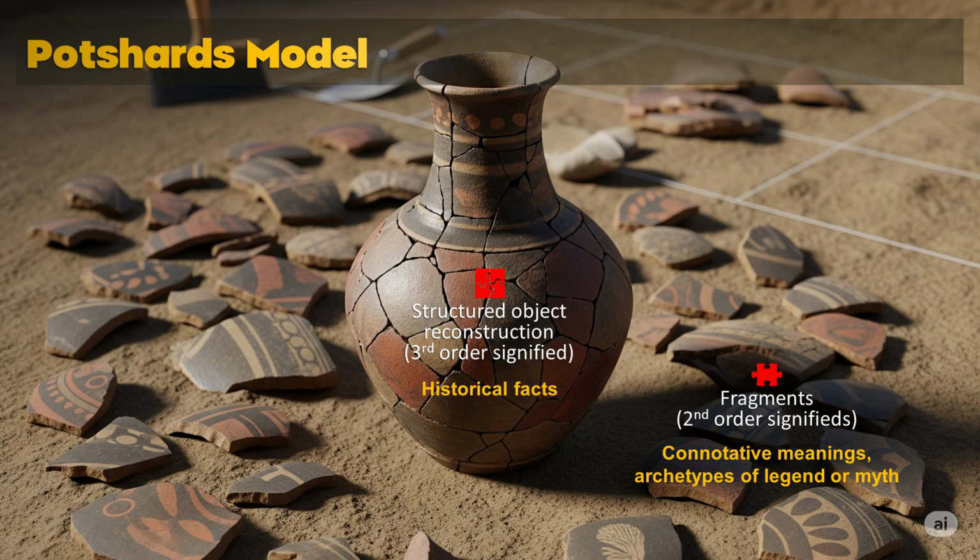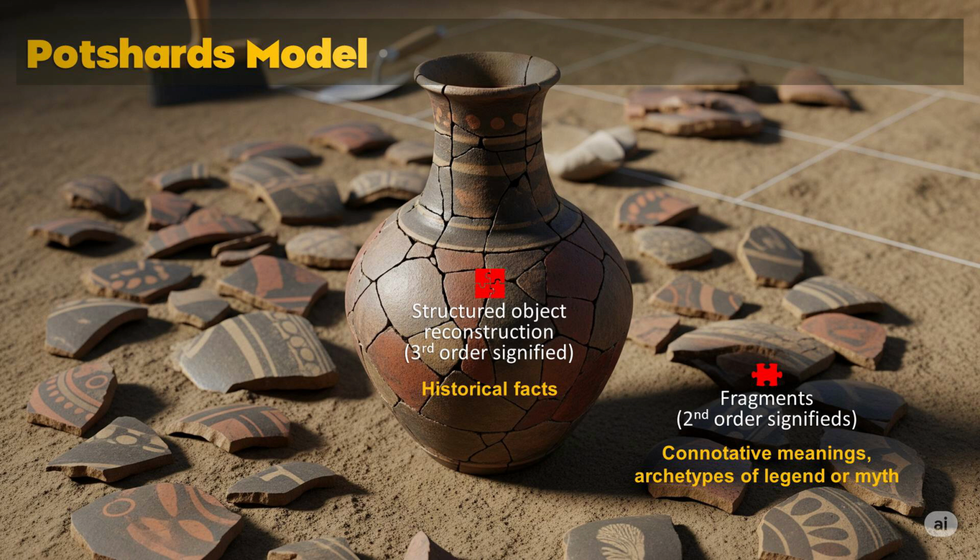The first model is the Potshards model. Here, the properties of a research object are like pottery shards, individual fragments of a lost vessel. Each shard represents a different property or clue or evidence, a second-order signified, scattered by time and circumstance. If my theory is valid, then these fragments, when correctly identified and assembled, can be pieced together to form the original pot.